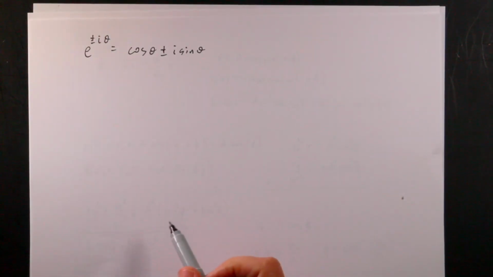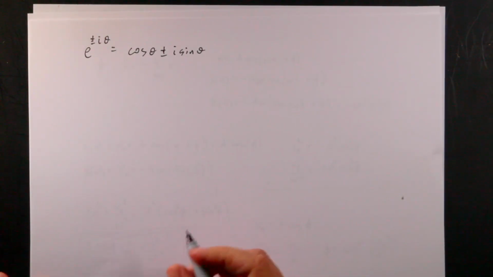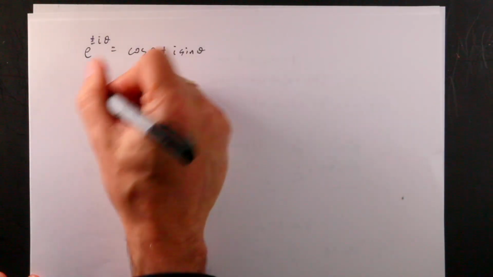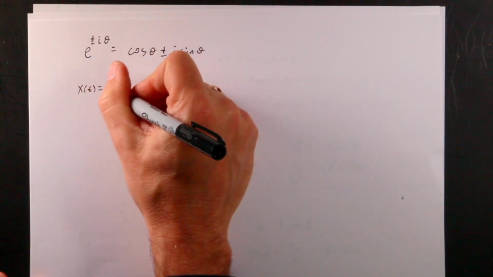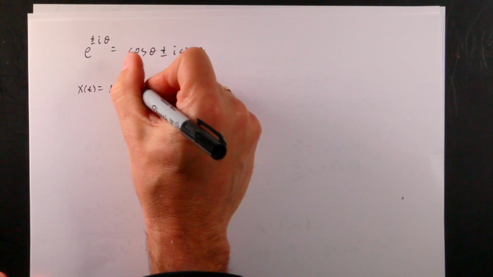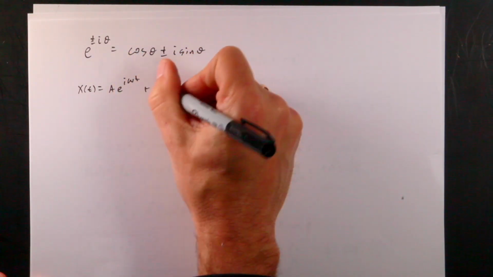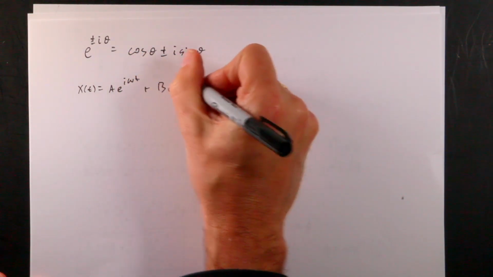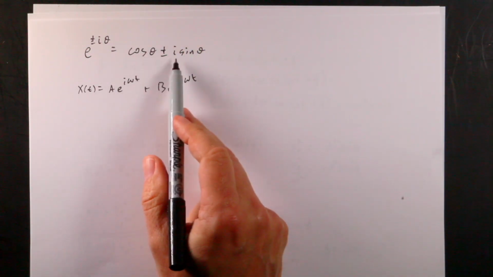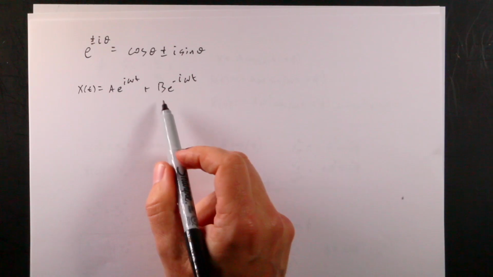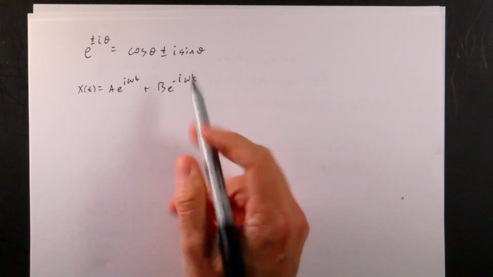So if I use that with my solution, so here I have, I'm going to write it out, x as a function of t is a e to the i omega t plus b e to the minus i omega t. I want to replace this with cosine theta plus i sine theta, and this with cosine theta minus i sine theta.